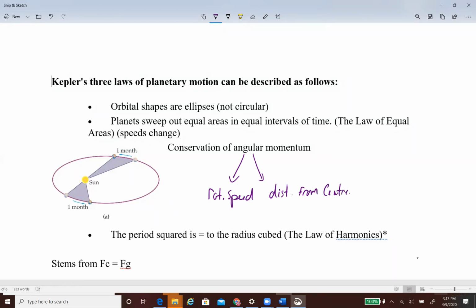So if I look at this picture, if the Earth is closer, so if the distance decreases, that must mean that the rotational speed around the sun must increase. The reverse is true. If the Earth is farther, so when it's over here, that distance is farther. So if the distance goes up, that means the rotational speed goes down.